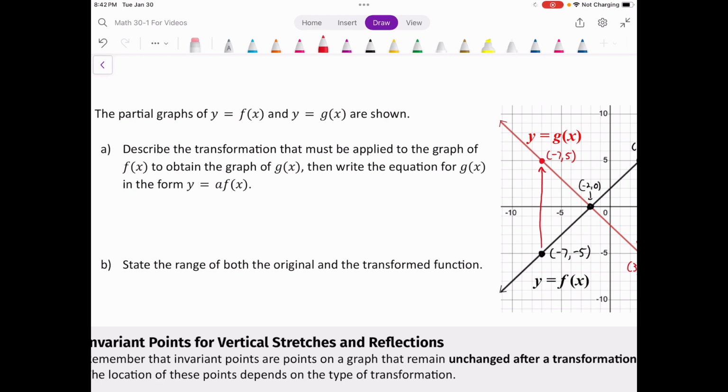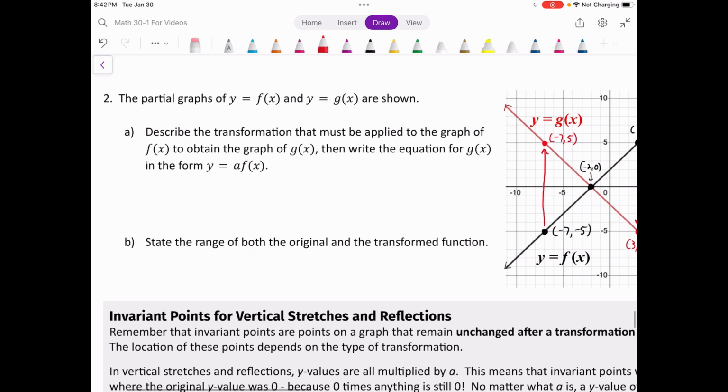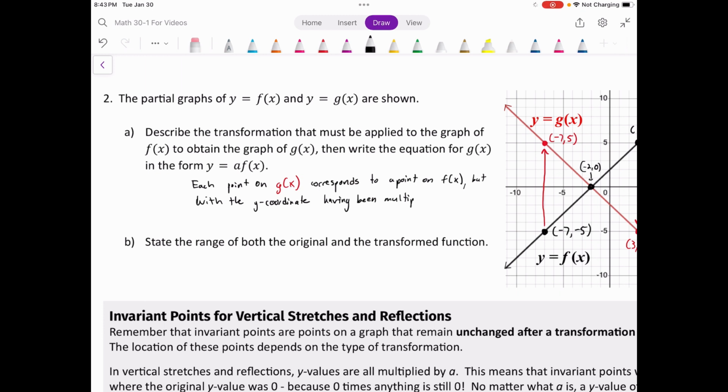So it looks like, okay, describe the transformation that must be applied. Well, each point on g of x corresponds to a point on f of x, but with the y coordinate having been multiplied by -1, right?